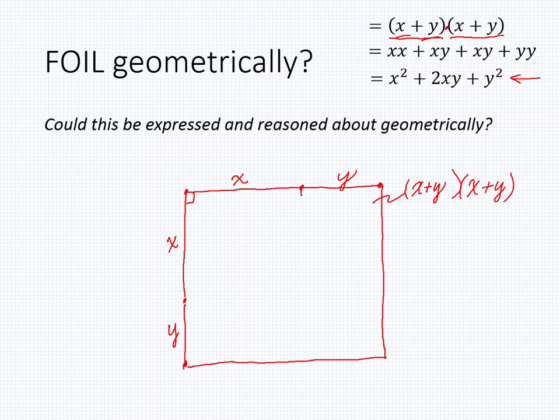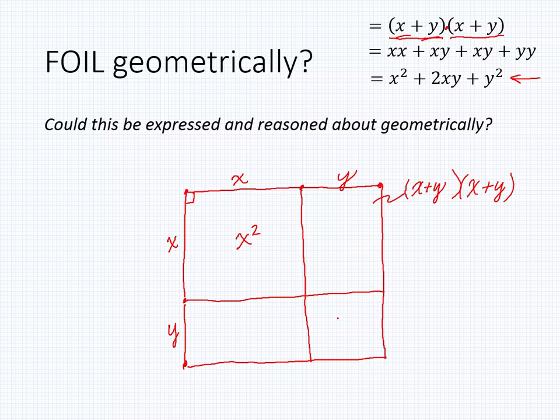But notice that we can subdivide this larger area into 4 component parts. This region in the upper left-hand corner, the area inside this region is x times x because it's a square with x on each side.